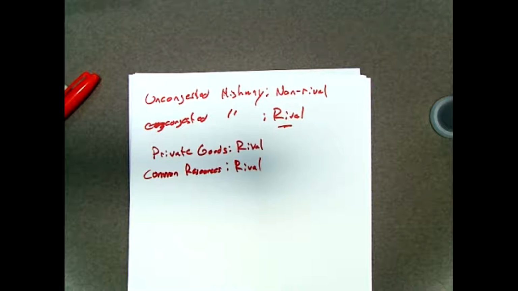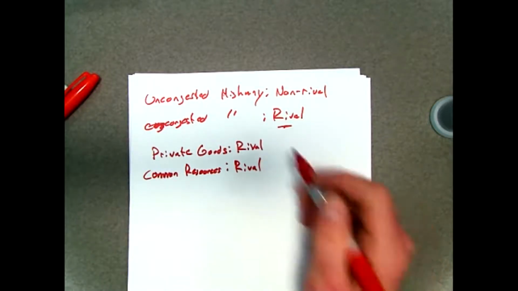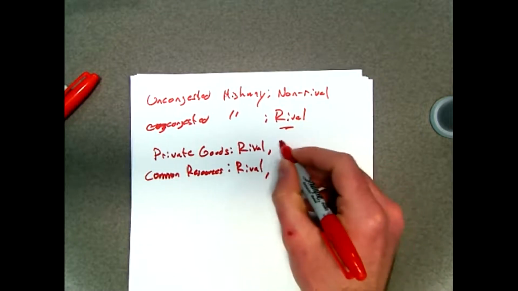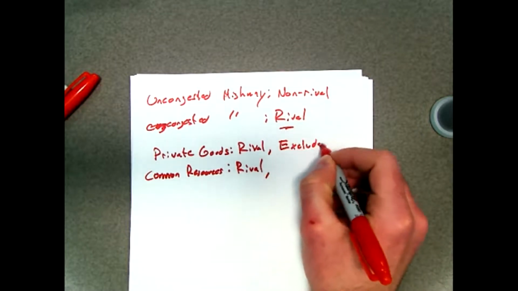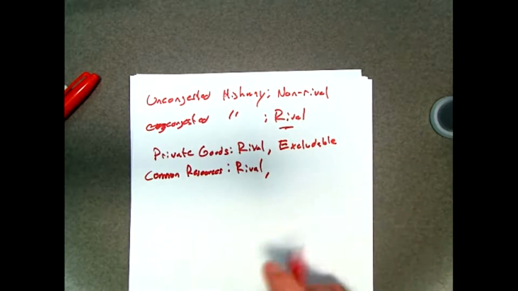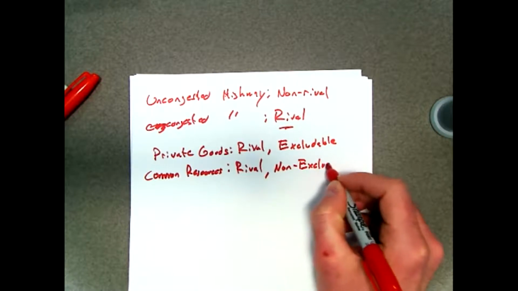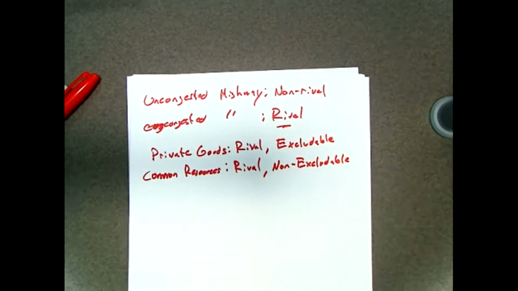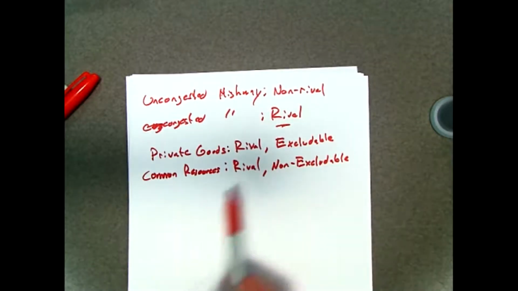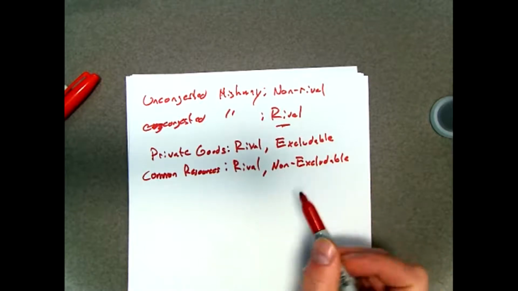Once someone uses that common resource, it's no longer there for anybody else. The difference here was that for a private good, whoever buys it has the rights to it. They can exclude other people from using it. However, for a common resource, whatever stock of animal is left out there, unless the government steps in and regulates it, anyone could go use that common resource. So those two goods were rival, and what made them different was their excludability.